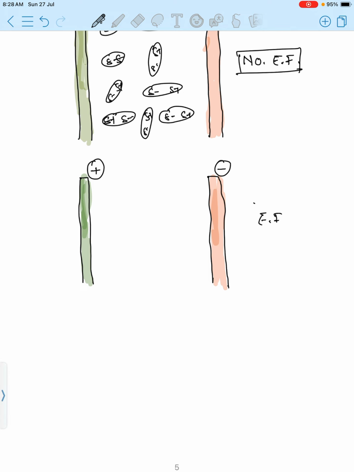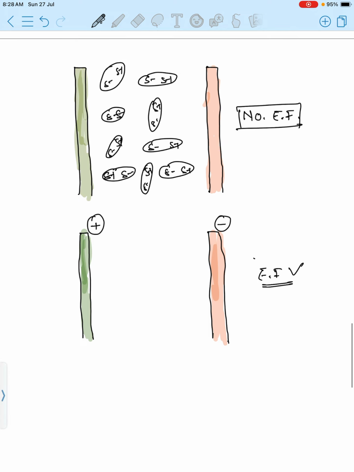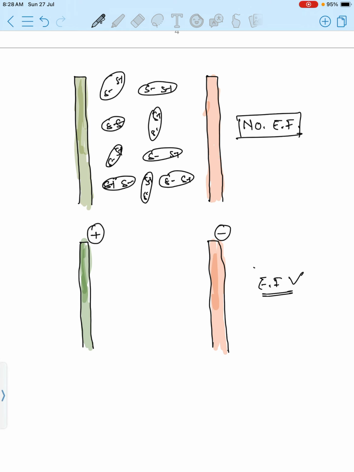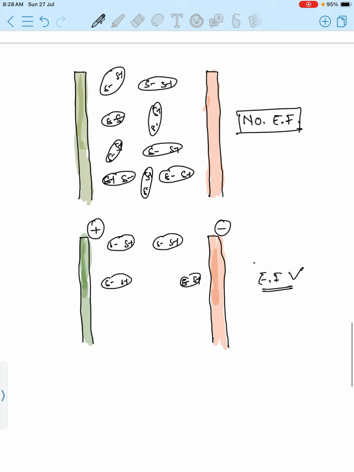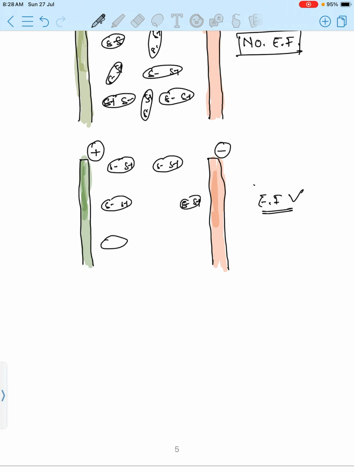Now I have applied the electric field. What will happen? Slowly, the solvent molecules will be directed in a particular direction. Near the positively charged electrode, the negative dipole of the solvent molecule will be there, and near the negatively charged electrode, the positive dipole will be there.